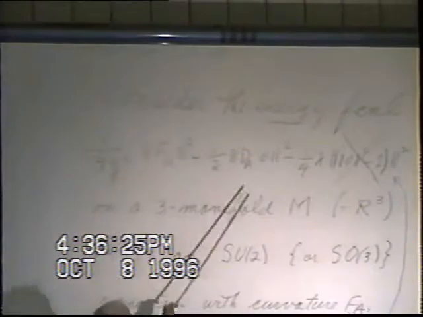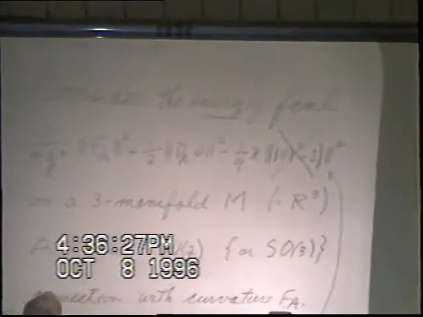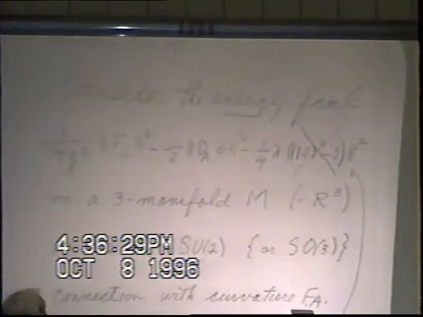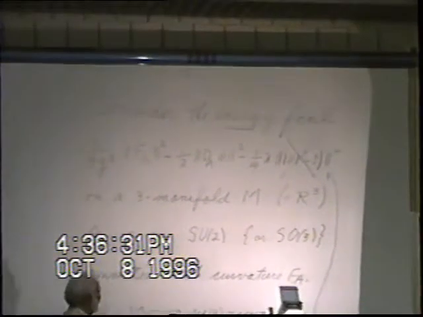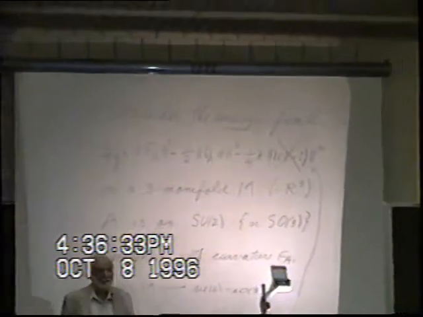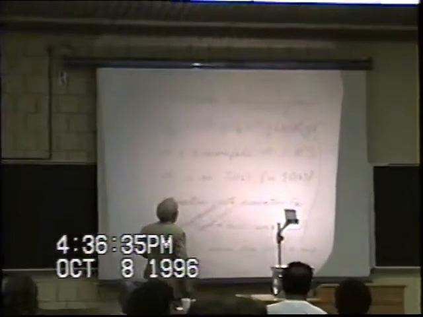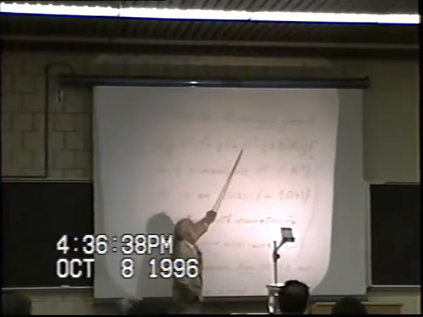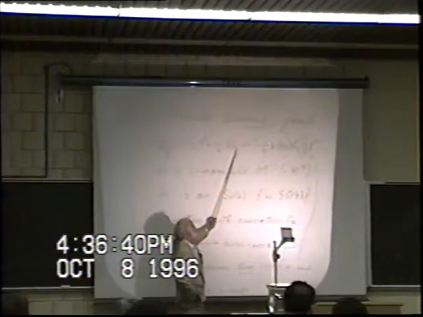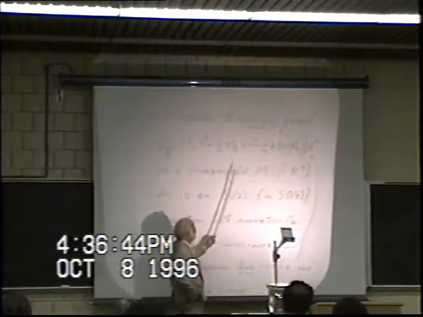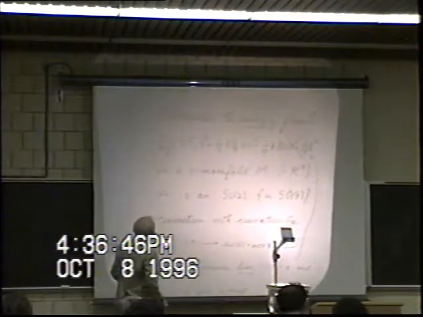So here's our usual connection. Here's its curvature. Phi is a map from our 3-manifold, that is a function on R3 with values in the Lie algebra. And d sub A phi means the covariant differential of phi relative to the connection, so it's d phi plus A bracket phi, norm squared. That's what we're getting there.